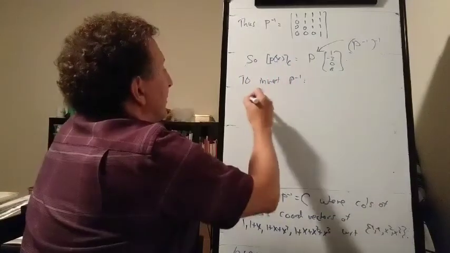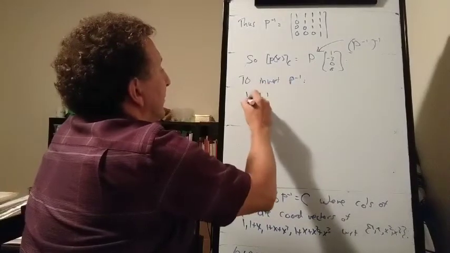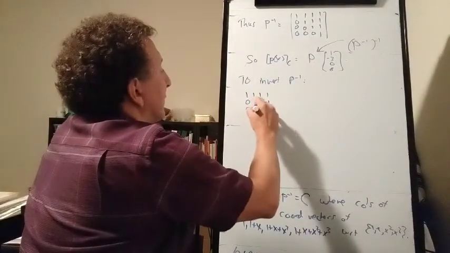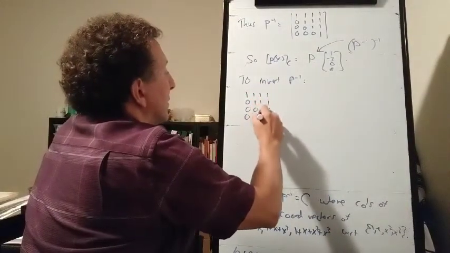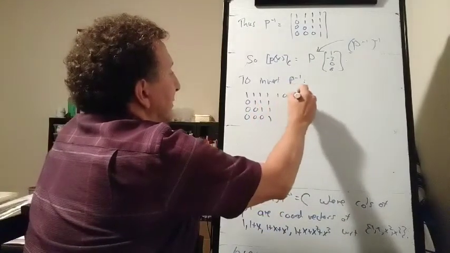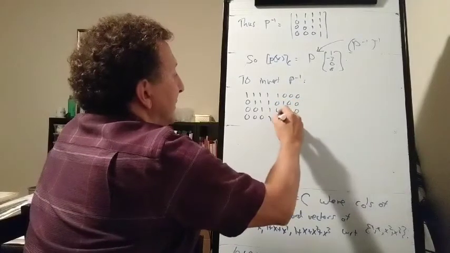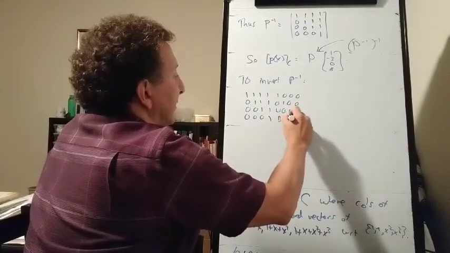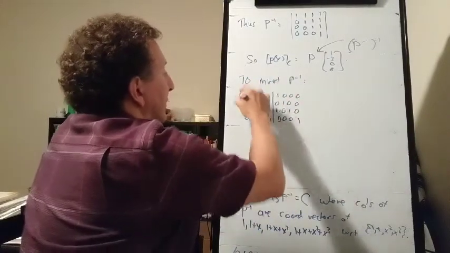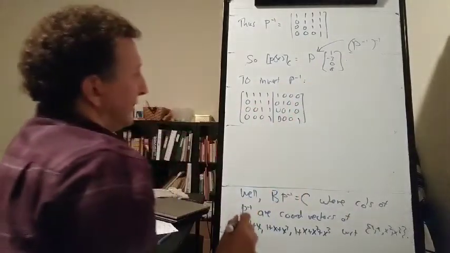So to invert P inverse, we write P inverse next to the identity matrix, and then we do row operations until we find the identity matrix on the left-hand side of this augmented matrix.